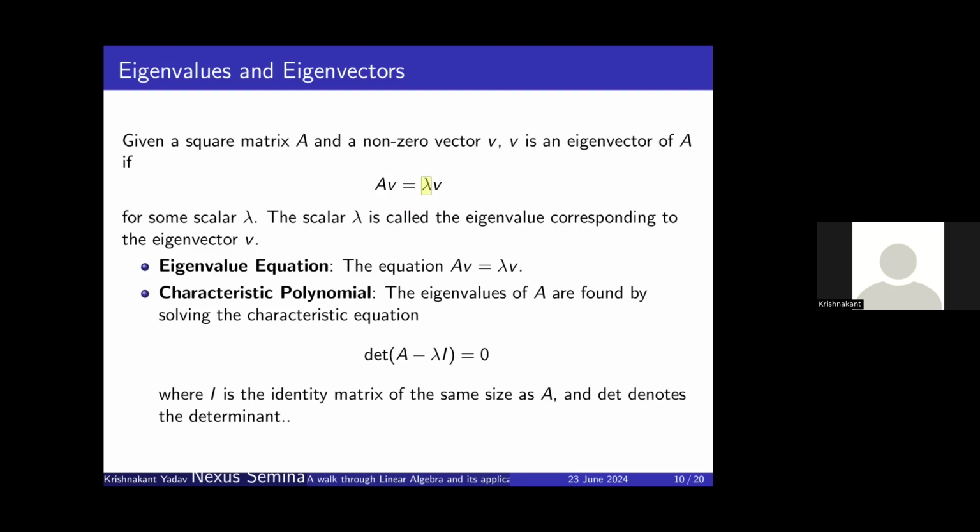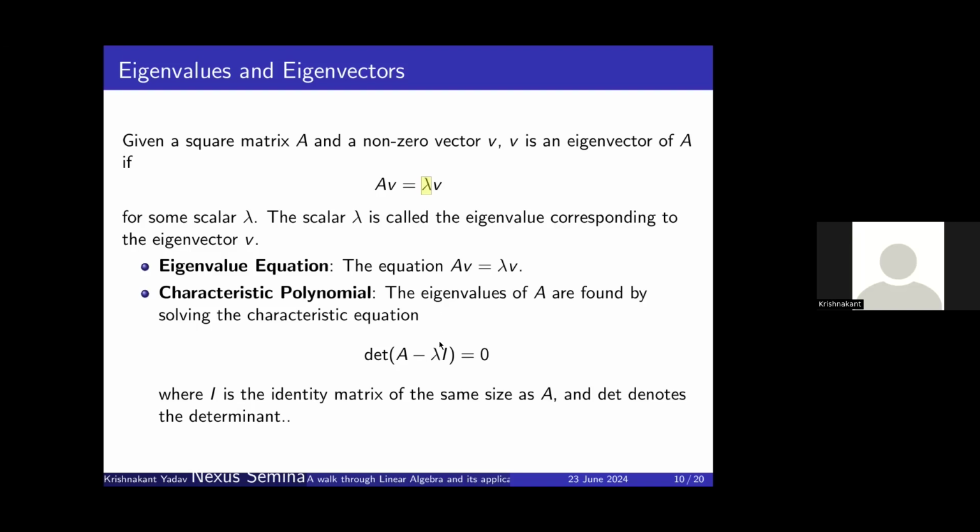Next, what's the eigenvalue equation? The equation written above is the eigenvalue equation. Now the next one is the characteristic polynomial, and the eigenvalues of A are found by solving the characteristic equation, where lambda is the scalar.